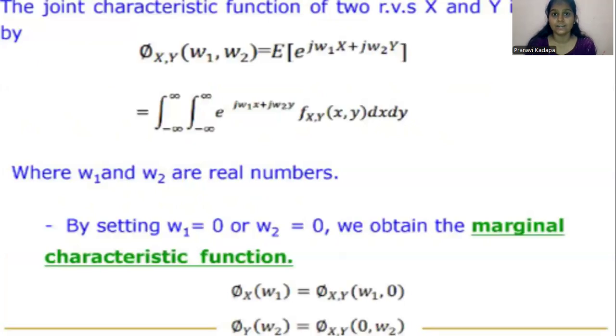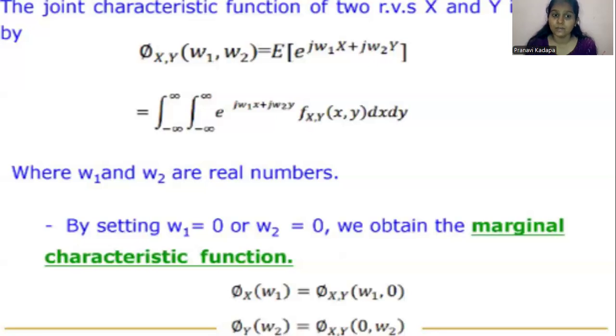The joint characteristic function of random variables X, Y is defined as phi X,Y of omega 1, omega 2 equals the expectation of e power j omega 1 X plus j omega 2 Y. That is, the integration from minus infinity to infinity, integration from minus infinity to infinity of e power j omega 1 X plus j omega 2 Y times the function f X,Y of x, y dx dy, where omega 1 and omega 2 are real numbers.